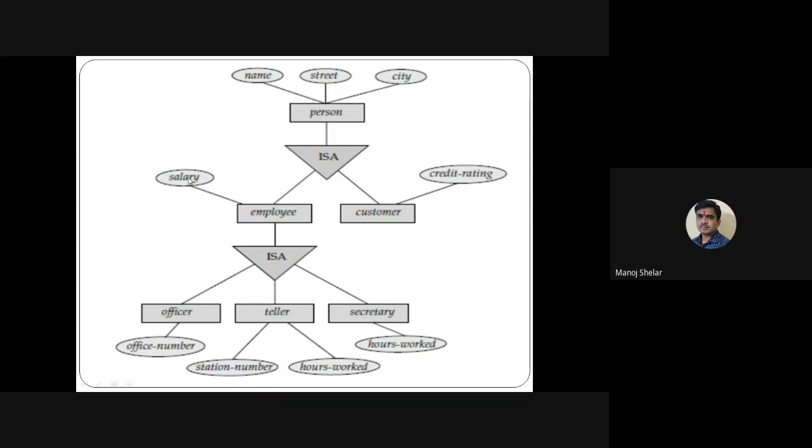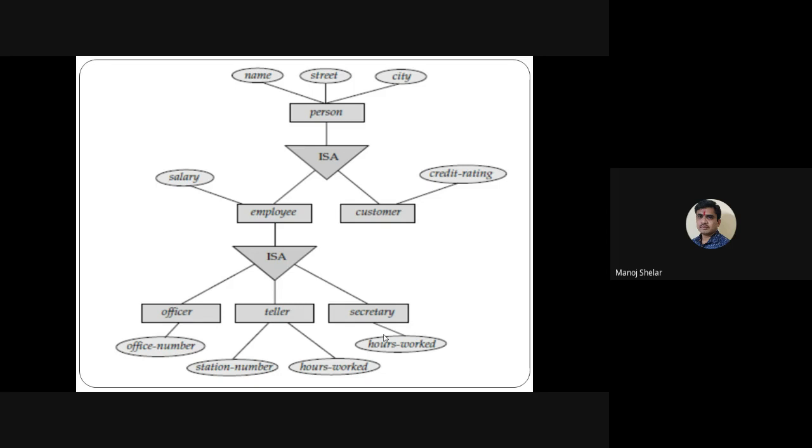Employee has salary, and officer accesses salary, name, street, and city. Teller accesses salary, name, street, and city. Secretary accesses name, street, and city. This concept is called simple specialization: going from a higher level entity to a lower level entity.